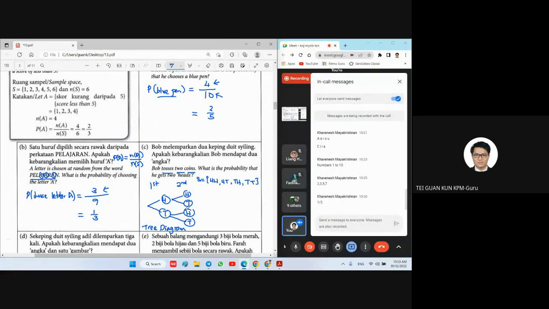Okay, faham tak ini? Macam mana saya dapatkan dia punya outcomes untuk peristiwa melempar duit siling. Boleh faham ini? Okay tak? Tree diagram.